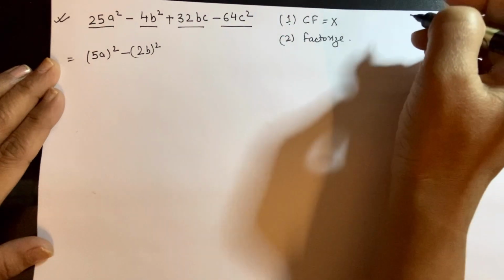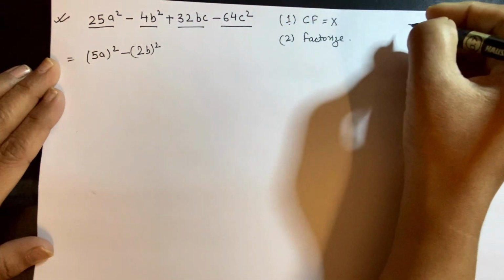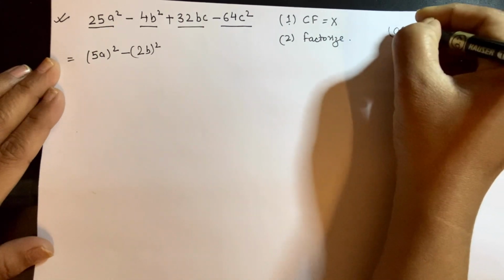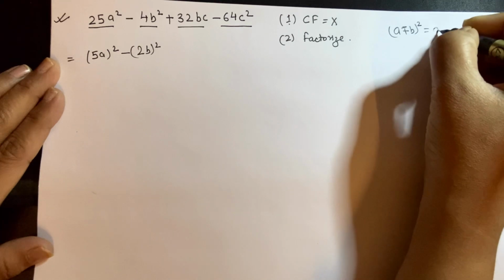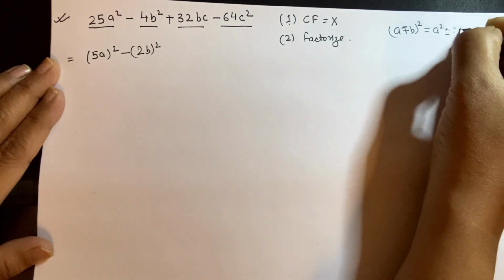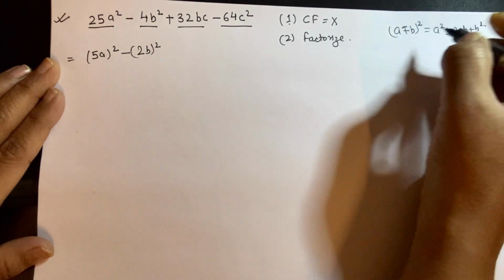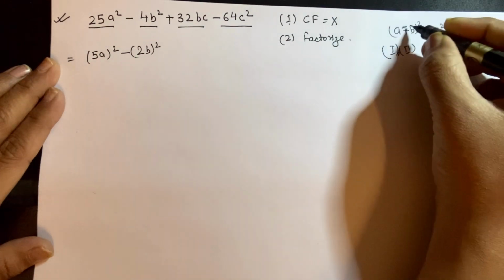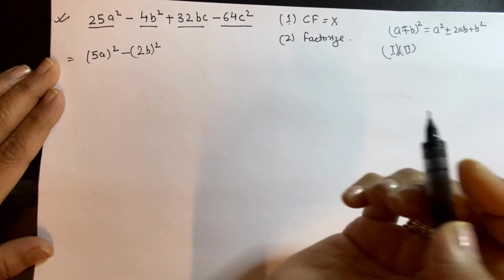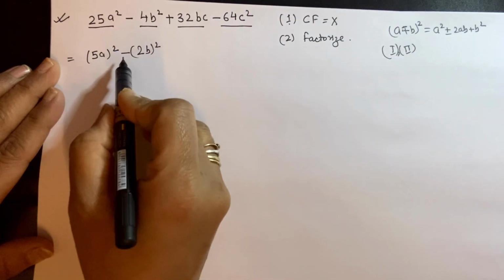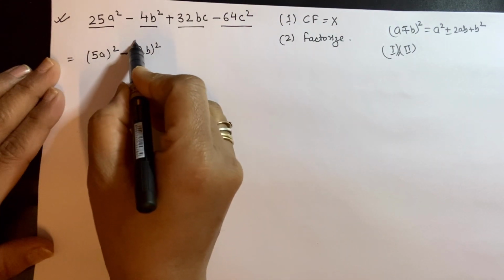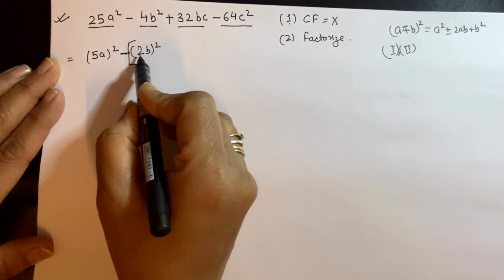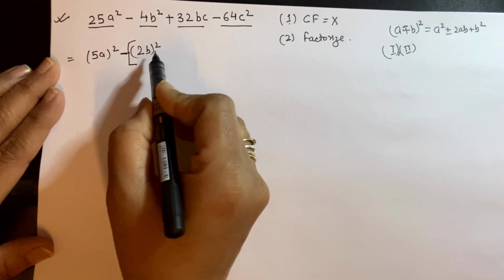So there could be a case where you can use identity a plus minus b whole square, a square plus minus 2ab plus b square. So any of the identity 1 or 2, 1 with the plus and 2 with the minus, you can use here. So what we'll do is we'll take out minus here, put a bigger bracket and then solve this equation.